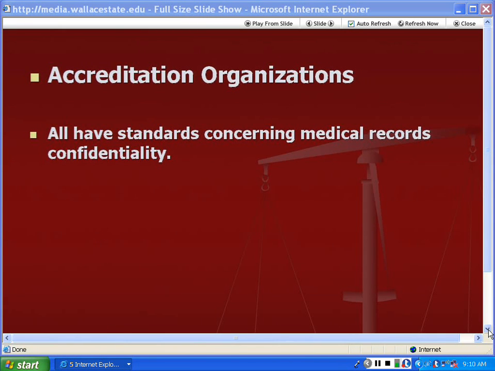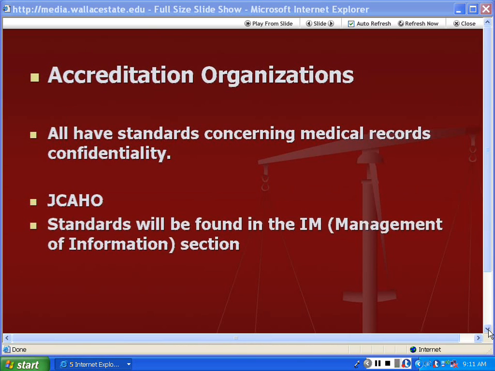So if it's Joint Commission accredited, you want to look in the Joint Commission standards to find out the standards that apply to confidentiality. And you find those standards in the IM, or the Management of Information section. You'll go over Joint Commission standards, and we go over them in every class basically because they pretty much affect every aspect of health information.